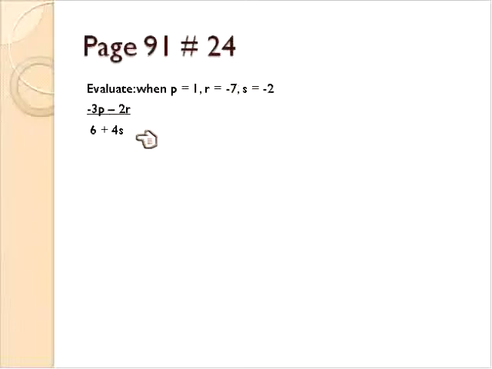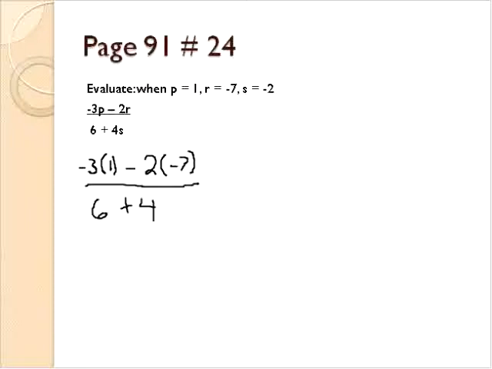The final type of question you may see today is, again, incorporating this idea of substitution. We're given values for each variable, and then we're asked to substitute these values in for each variable. I know this is going quick, so if you need to go to office hours and have a quick review on this, that's absolutely fine.